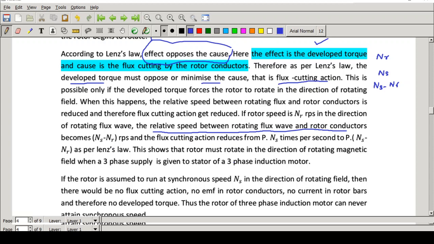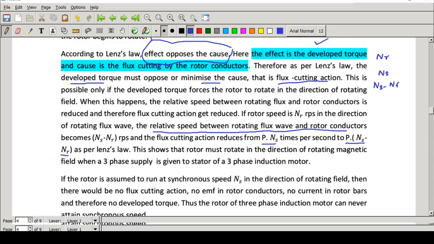So initially what was the flux cutting? It was P into Ns per second. Now the flux cutting action reduces from P into Ns to P into the relative speed, that is Ns minus Nr. So for that, what does the rotor have to do? It is trying to catch up with the synchronous speed.